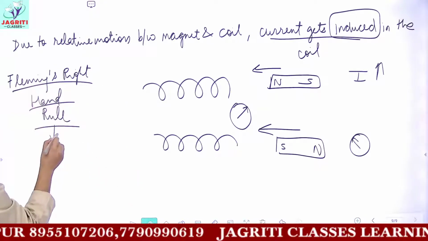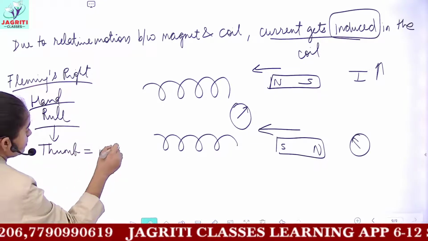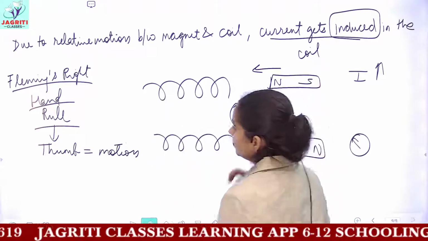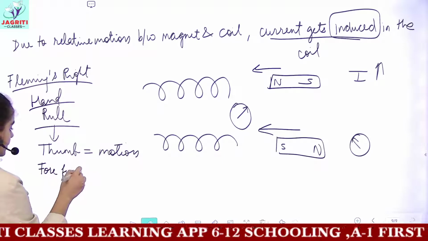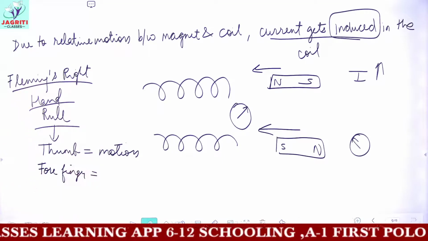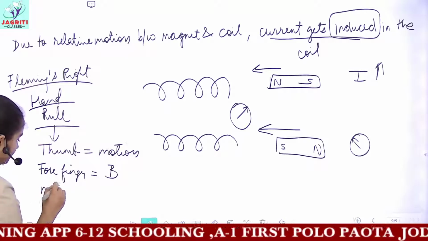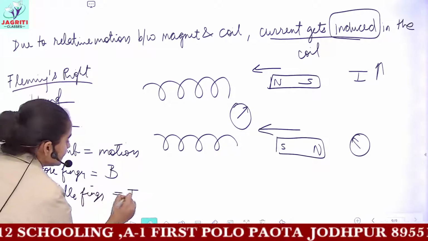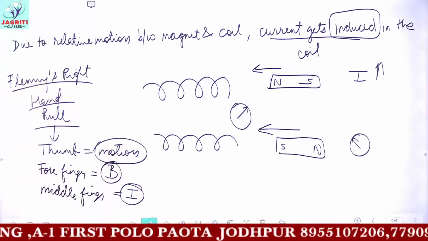So in Fleming's right hand rule, the thumb represents the motion of the conductor, that is the motion of this magnet where you are moving it. Then the forefinger represents the magnetic field B, and the middle finger represents the direction of current. So this is about Fleming's right hand rule.